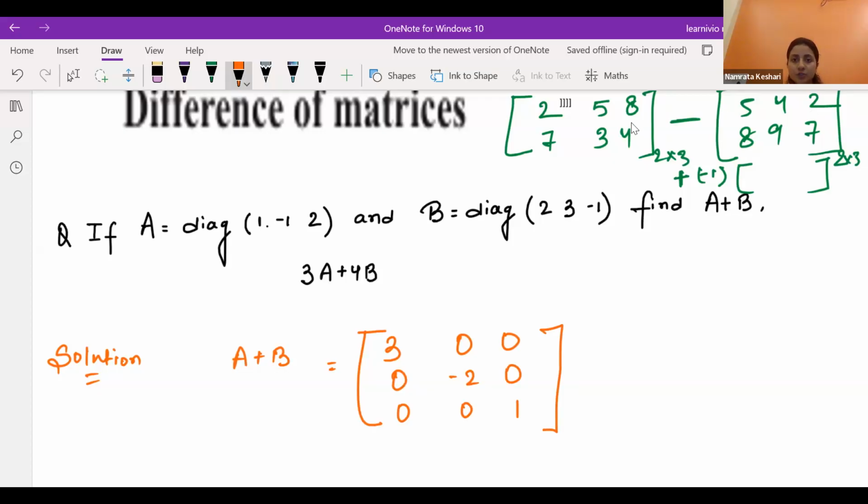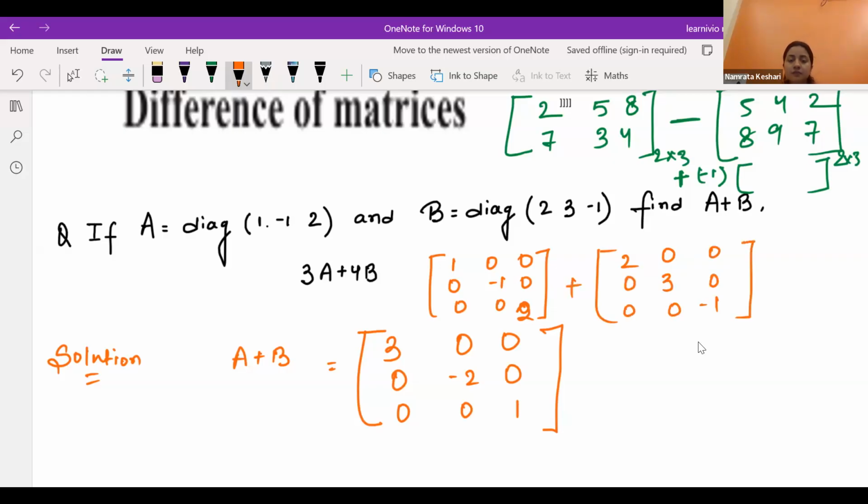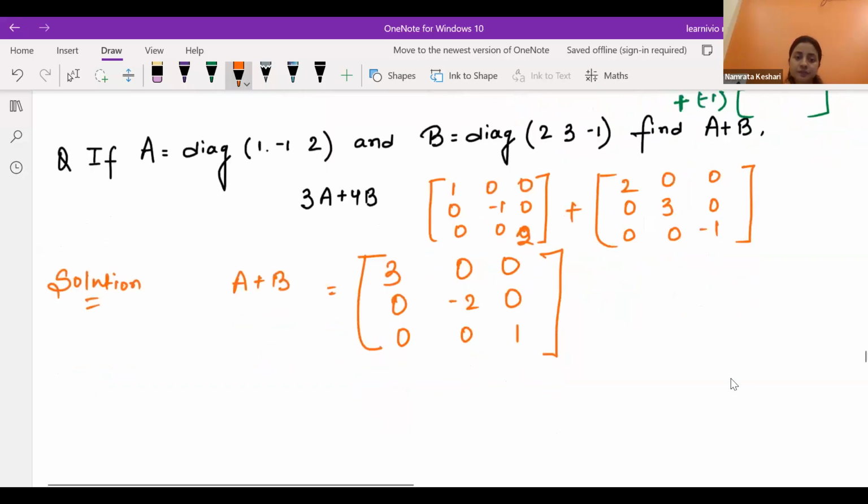And 3A plus 4B. 3A will be, 4B. 3, 11, 0, 0, 0, 3, 9, 0, and 0, 0, 2.